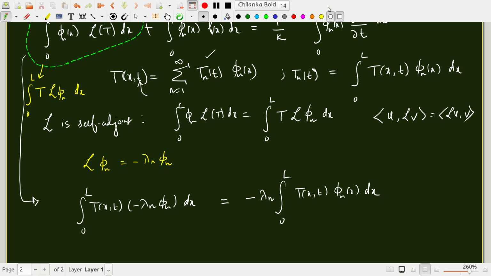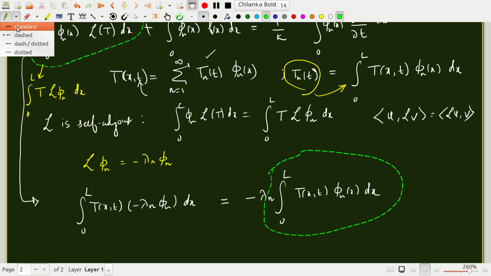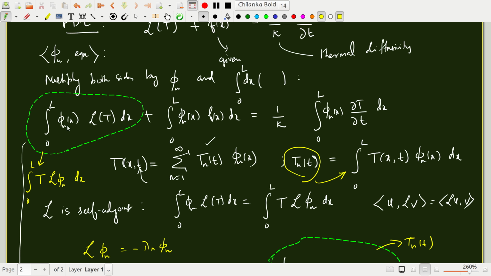But this whole thing out here is nothing but Tn of t. So this is nothing but minus lambda n Tn of t. The first term simplifies to minus lambda n Tn of t. Now let's look at the second term.